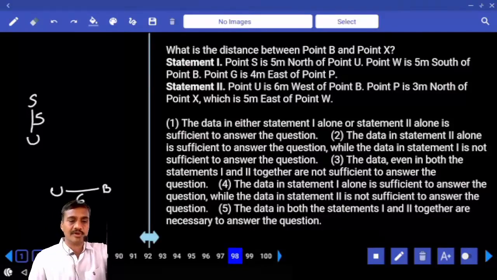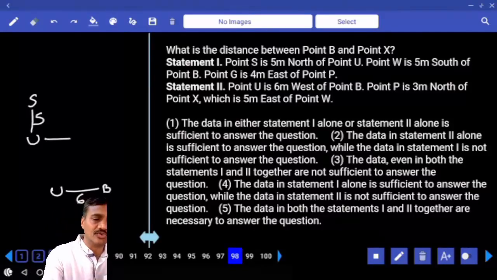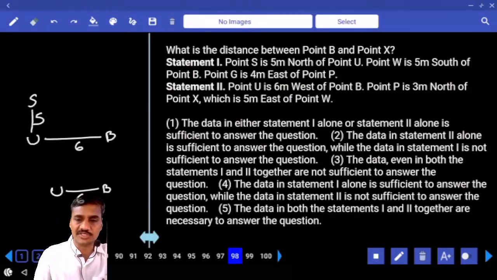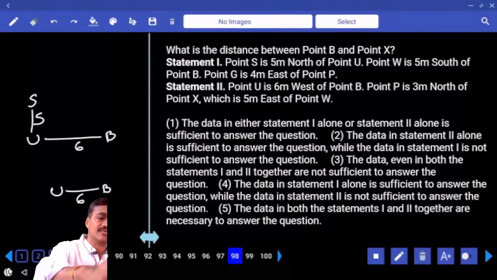Then combining these two. Now if you combine these two, U and B. B is at this place, U is 6 meters away. P is 3 meters to the north of X, and W is 5 meters to the south of B. Now where is this W?